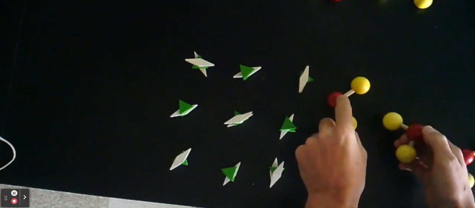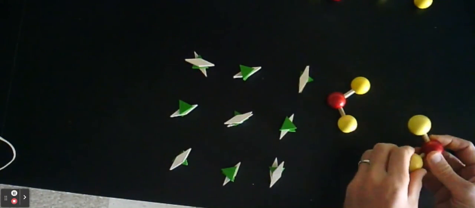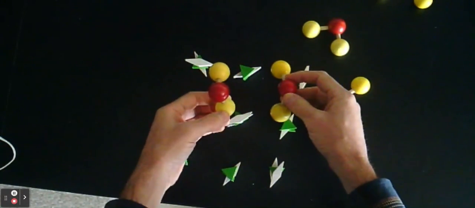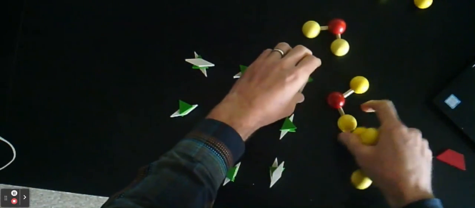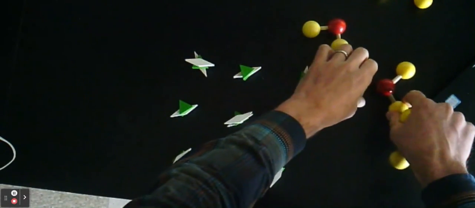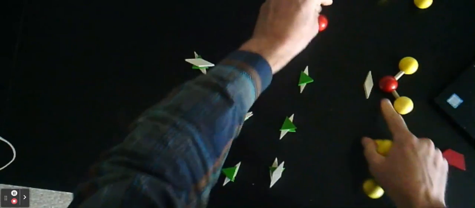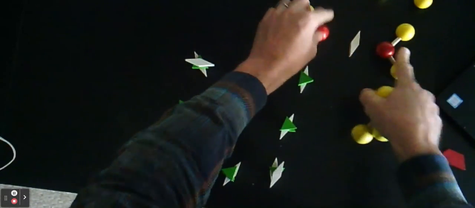One end's negative, the oxygen, and one end's positive, the hydrogen. It comes into contact with the lattice and basically pulls away these various pieces of the puzzle.